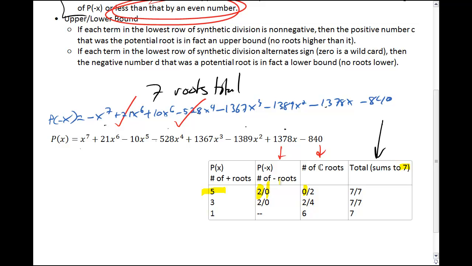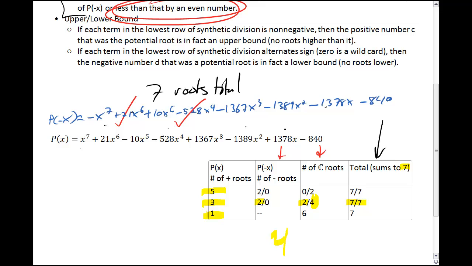Or I could have no negative roots, because that's 2 less than 2, in which case then I'd have to make up the 2 more roots to add up to 7 in a complex number. On the other hand, if I only have 3 real roots, I've got 4 roots left to make up that 7. So either I could put 2 of them in each, or I could put all of them in the complex numbers, because that will come up to 4.